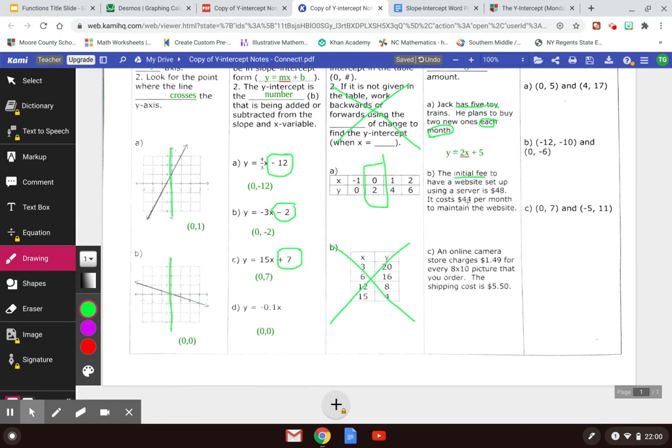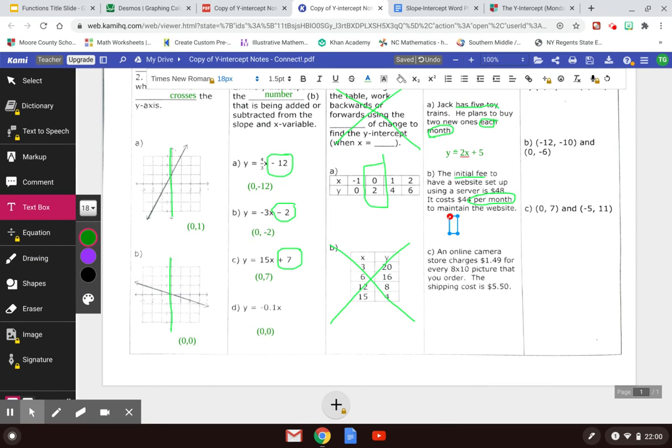So the initial fee to have a website set up using a server is $48. It costs $44 per month. So again, those words per month indicate change, something that's changing each month. So this would be y equals 44x, because that's where the change is occurring, plus 48.